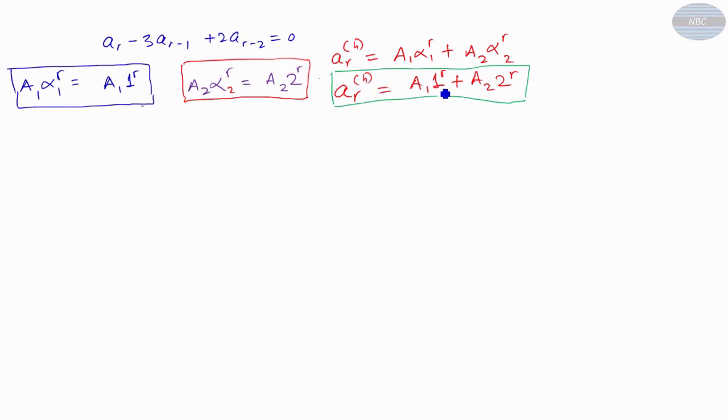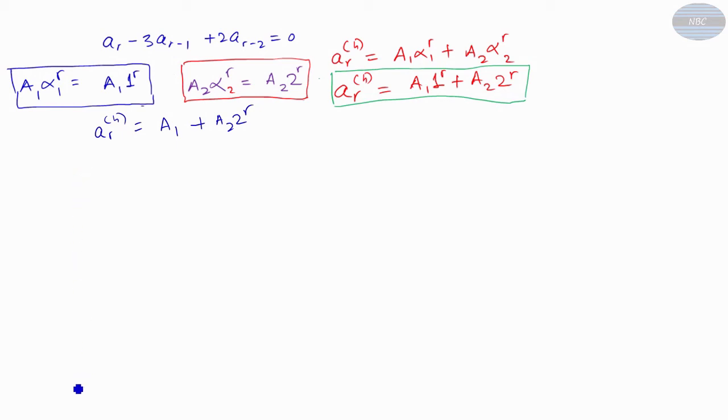This is the sum of the homogeneous solutions, that is ARH is equal to A1 1 to the power r plus A2 2 to the power r. So this ARH can be written as a1, since 1 to the power r is 1, plus a2 2 to the power r. Now let us substitute the value of ar in this particular difference equation. We have to verify whether it is 0 or not.